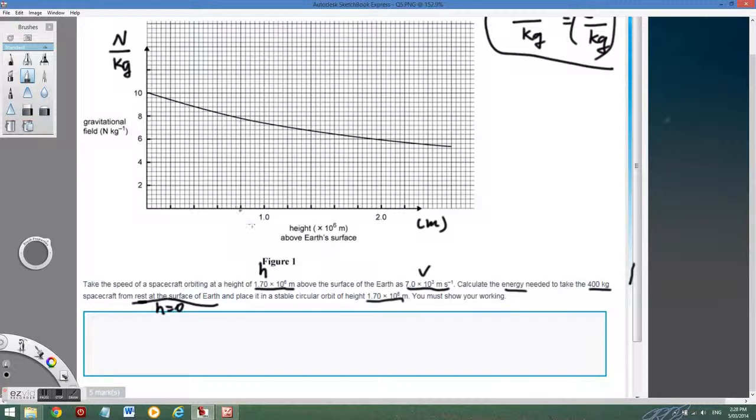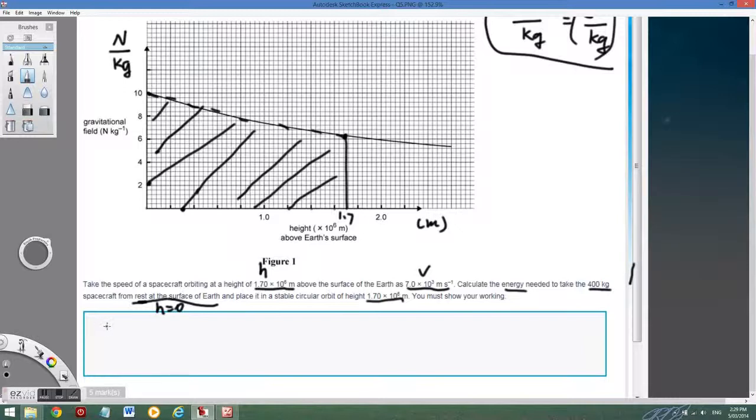So basically, I need to find the area under the graph from 0 to 1.7. I need to find the area of this first. Again, treat it as a trapezium. Don't bother to use calculus.